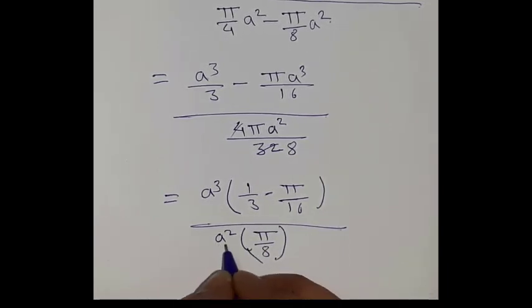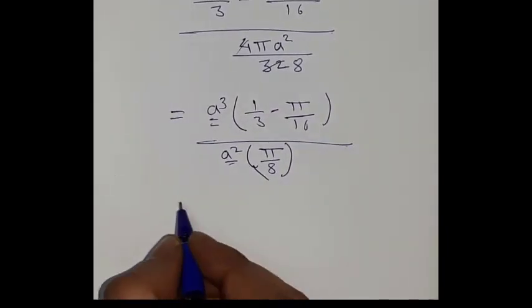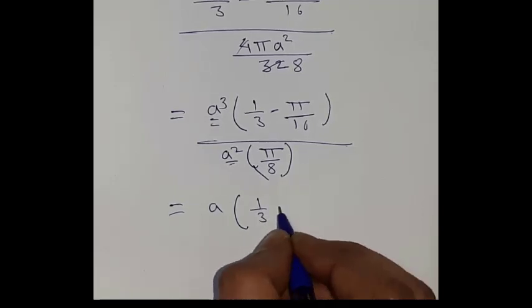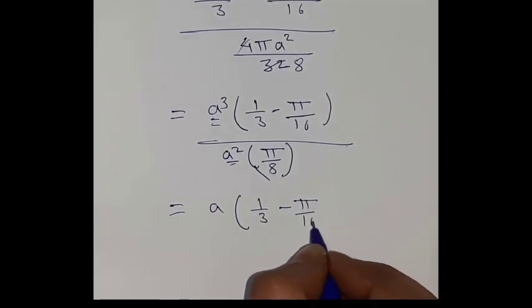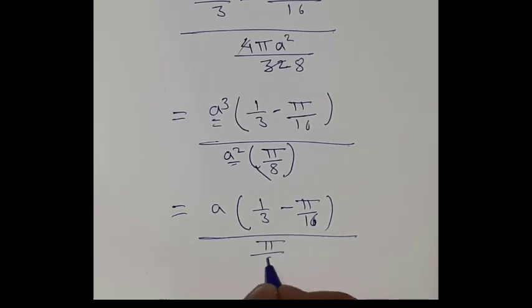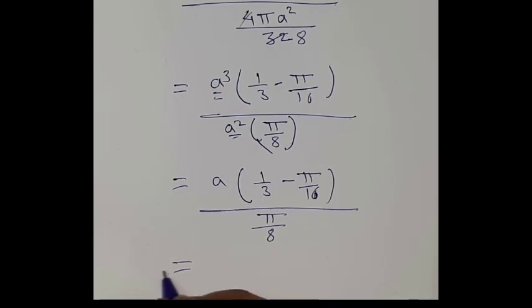The a square and a cube will cancel, and we get a into bracket 1 by 3 minus pi by 16, whole divided by pi by 8. Solving this equation you will get the value of xc.